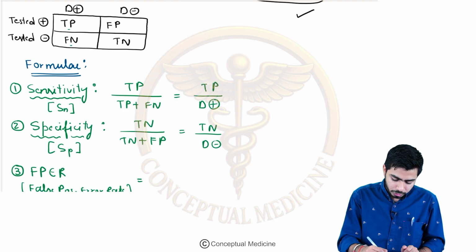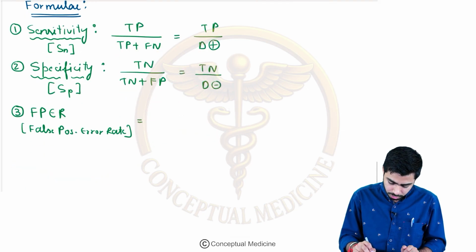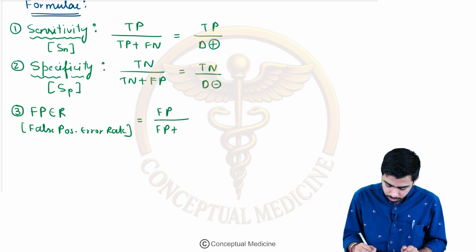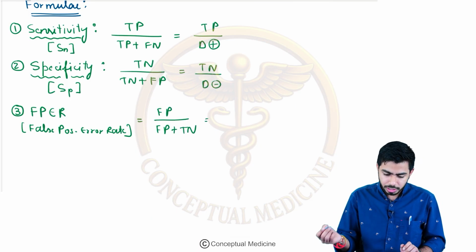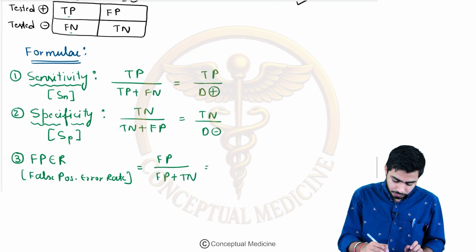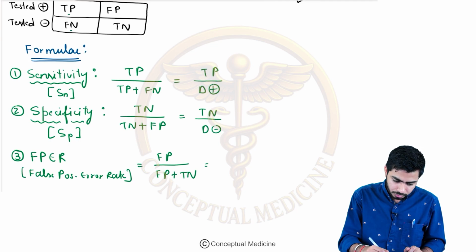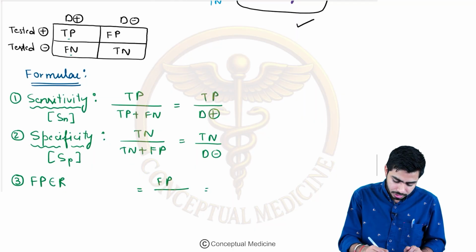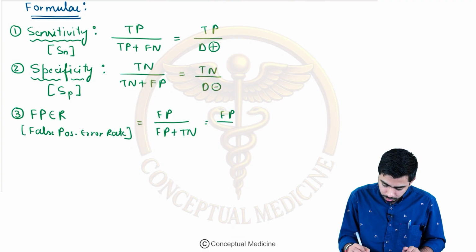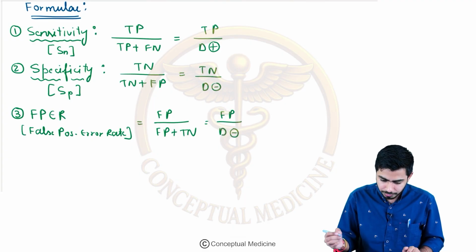This is the false positive, this is the true negative. So this became disease negative. So in the denominator I can write false positive divided by disease negative again, right?